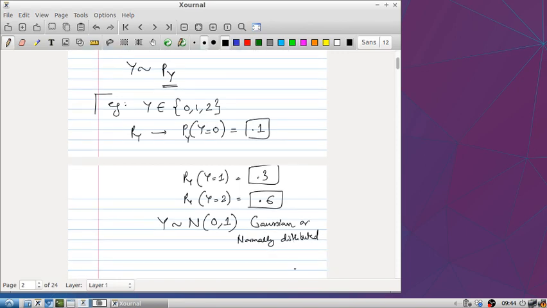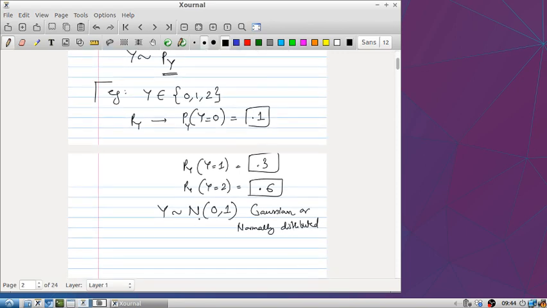All this means is that p of y, where y takes a value little y, a realization or observation, is equal to, in general, with some mean mu and variance sigma squared, 1 over square root of 2 pi sigma squared, times e to the power minus (y minus mu) squared divided by 2 sigma squared.